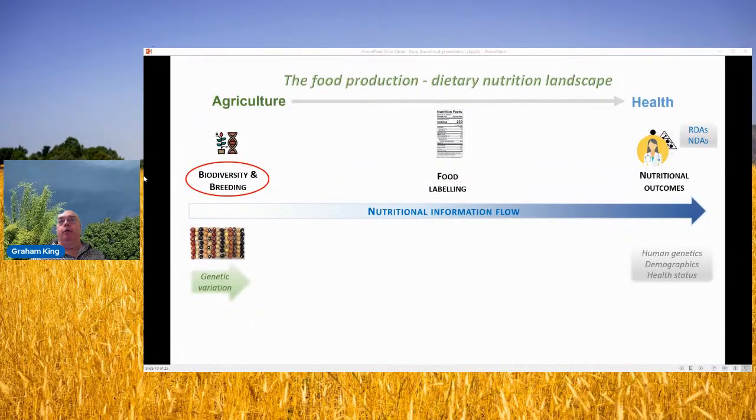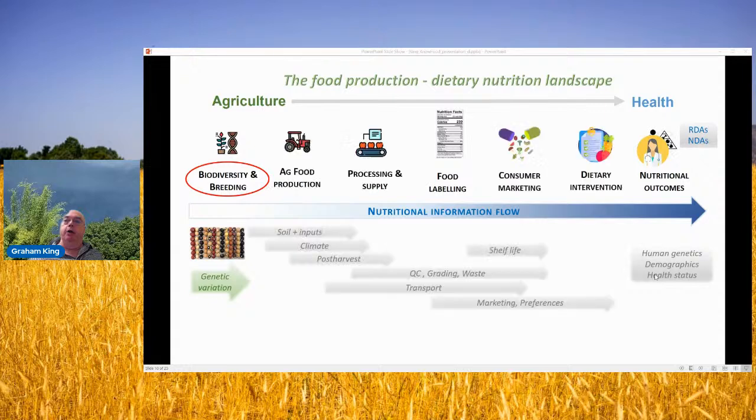So just going back to the diagram that Lily presented, this connection between agriculture and health, I think, is essential for many of us to understand what the practical links, the real data links, are between those. And genetic variation at one end, in terms of biodiversity, how does that feed through to human nutritional variation?